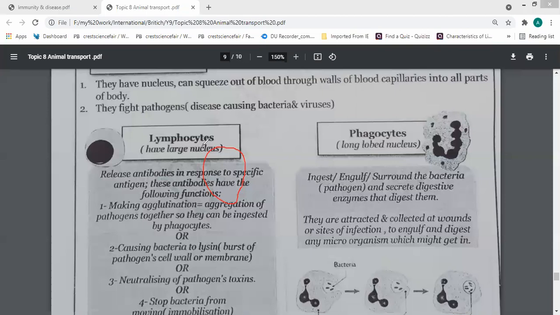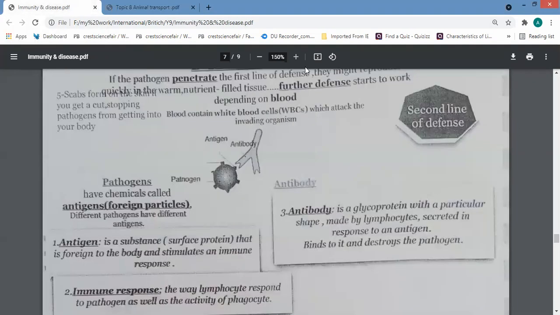This chemical substance, the antigen, is considered a foreign or strange particle inside the body. So the body starts to detect the foreign particles, and it starts to secrete antibodies.